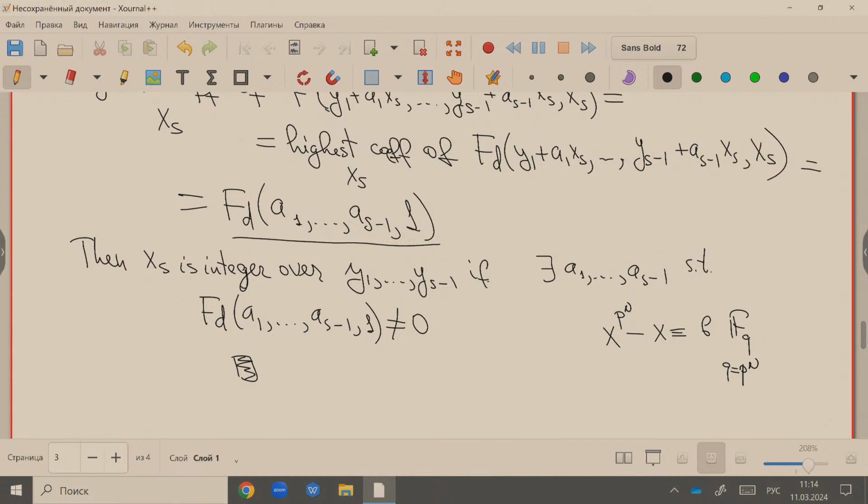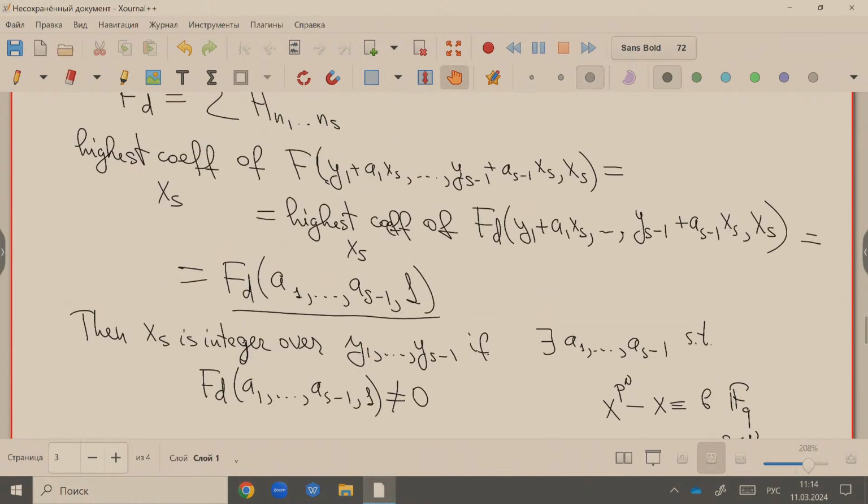So we have to say, sorry, I have to tell you, yes, that this kind of linear change is a projection.